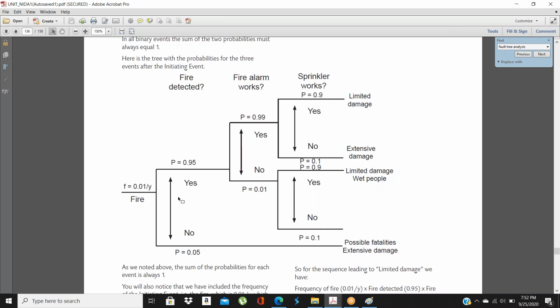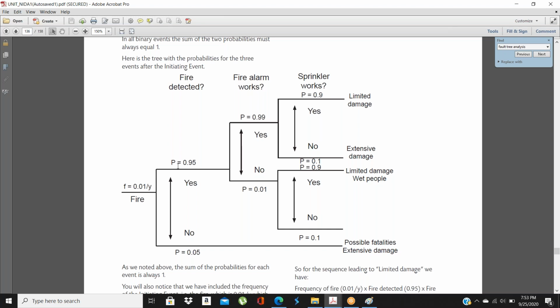Let's suppose 0.1 chances of fire per year. Now you install a fire detection system, a fire alarm system, and a fire sprinkler system. The reliability of detection is high: 0.95 is the probability of success of your fire detection.